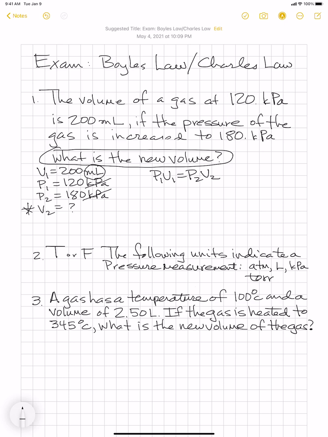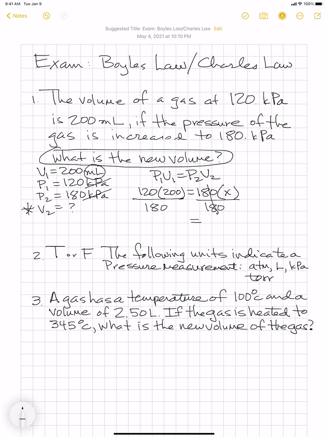So knowing that, we can take a little shortcut here and we can just plug in the numbers and do the math a little bit more quickly. So what it would look like is this. P1 is 120, V1 is 200, and then P2 is 180, and you're solving for X, okay? So this simply becomes a matter of dividing and dividing, okay?